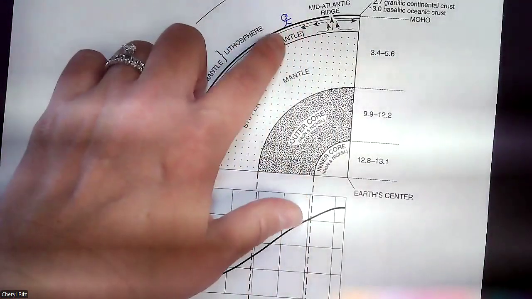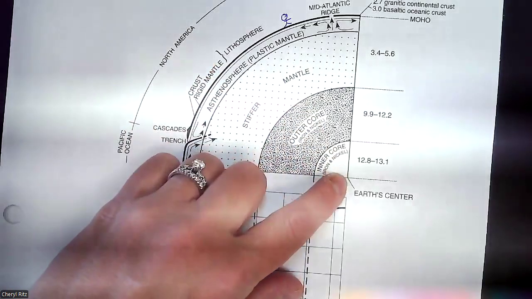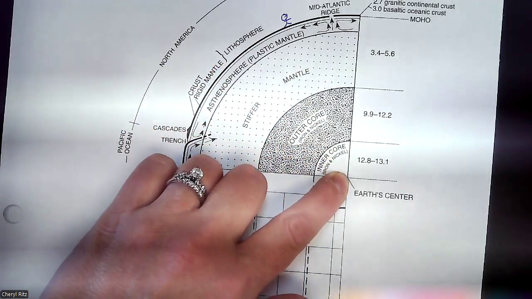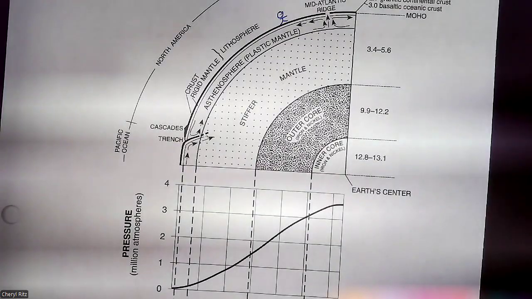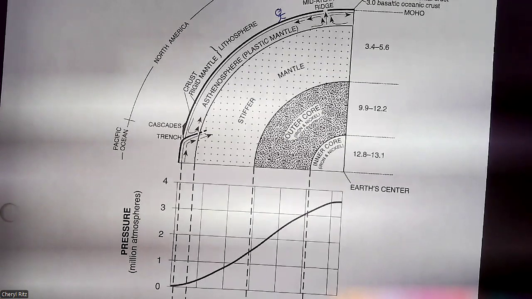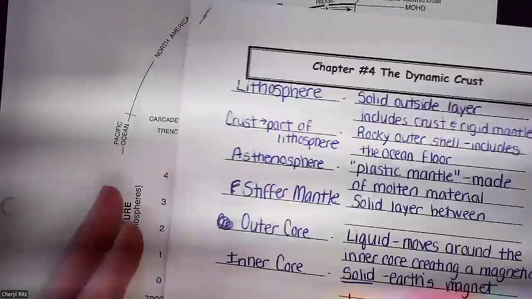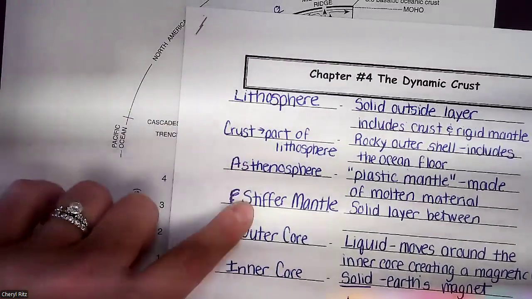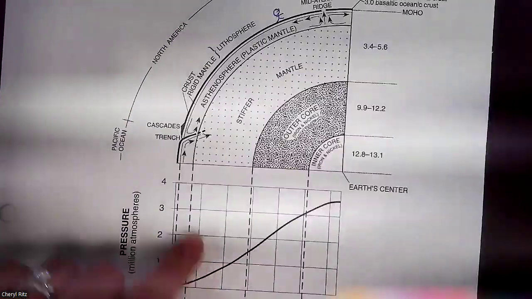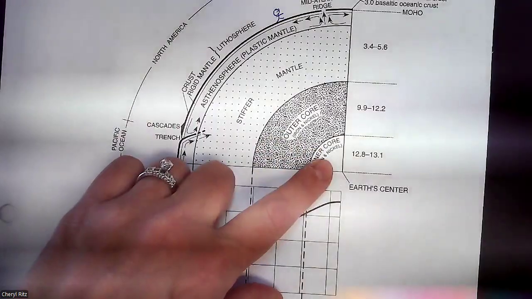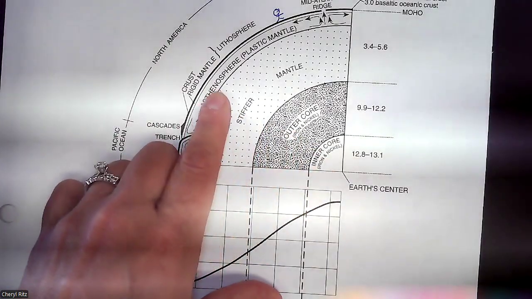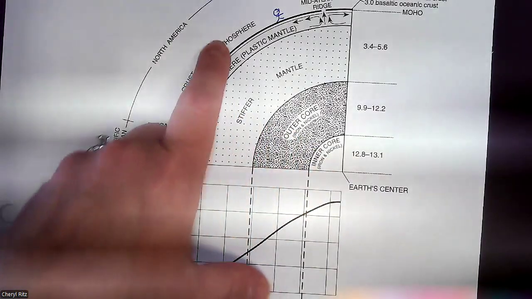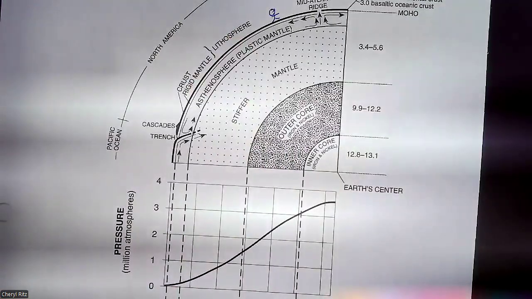And then you can see that you would dig down through the layers and get to the section labeled the center of the Earth. The best part about this reference table is all those words that we defined yesterday: lithosphere, crust, asthenosphere, stiffer mantle, outer core, inner core. They literally label them: inner core, outer core, stiffer mantle, asthenosphere, crust, rigid mantle, and lithosphere.